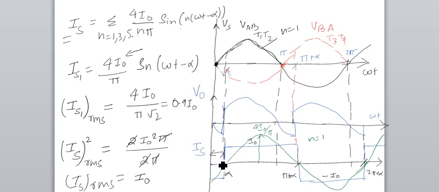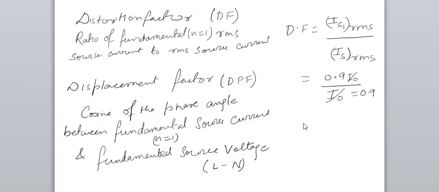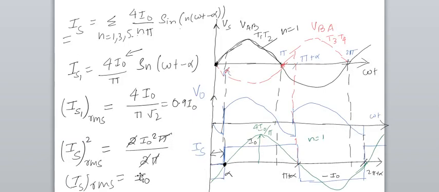Taking cos of this alpha, that is your displacement factor, DPF, which is cos of alpha. Alpha is the displacement between the green sinusoidal and the fundamental sinusoidal. I hope it is clear now.